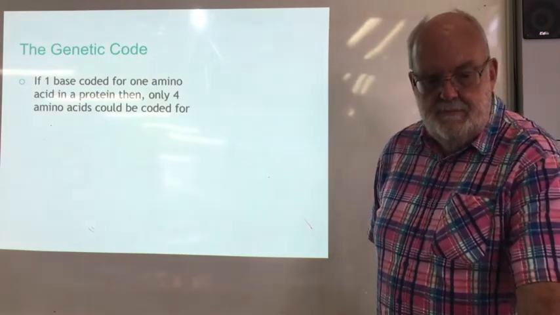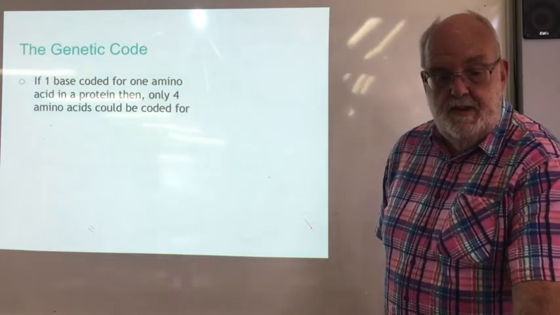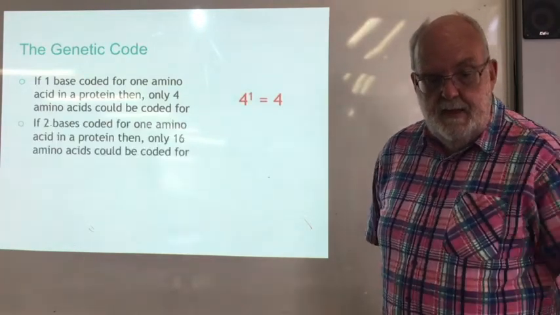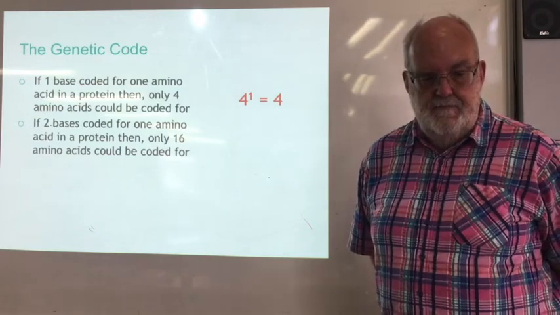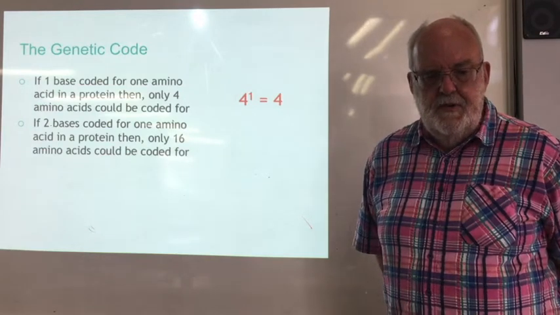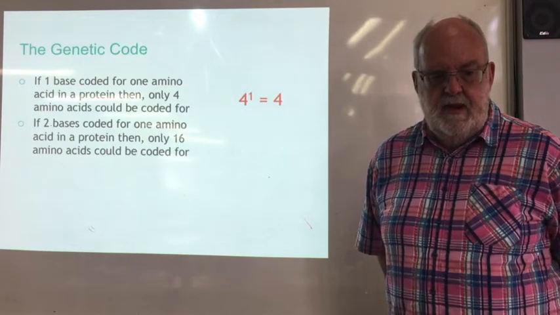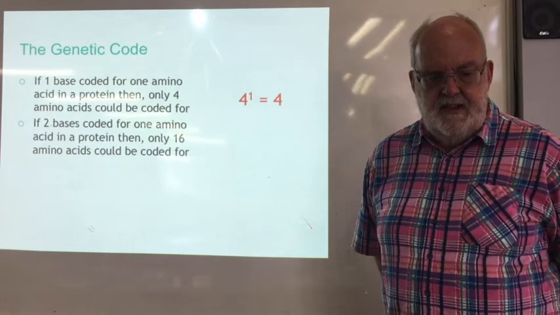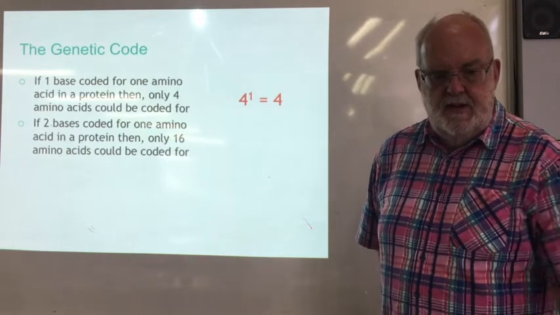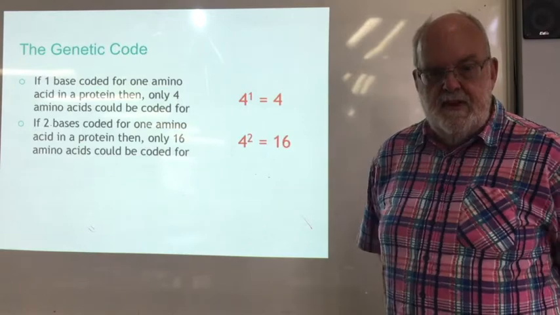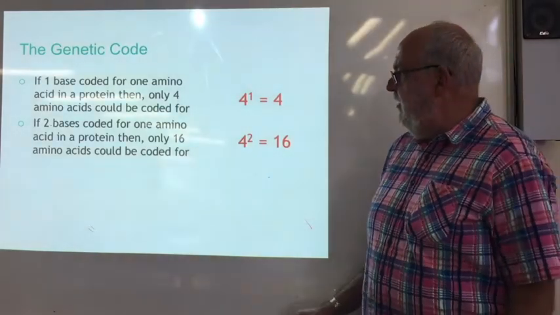So let's go up one. What happens if we say 2 bases in a row code for amino acids? If you put 2 bases coding for one amino acid, that would give 16 possible amino acids that could be coded for. You can work this out yourself by looking at these formulas.